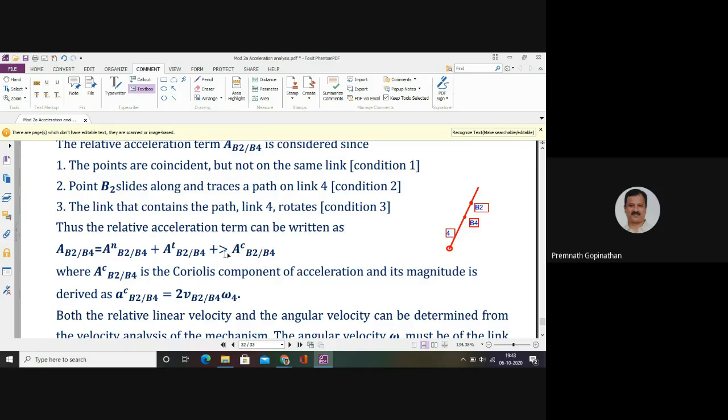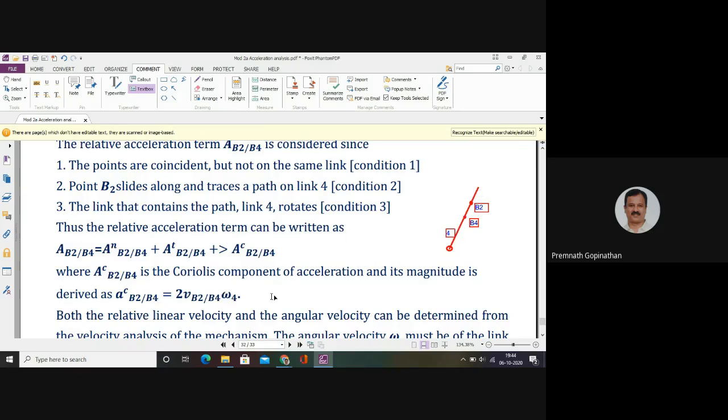Now, this is the component which we need to analyze. These two components we already know, because that is the normal component and the tangential component, right? Now, the Coriolis component is indicated, and the magnitude is shown here. It is twice the relative velocity of B2 with respect to B4 into the angular velocity of the link on which B2 is moving, that is, the angular velocity of link 4.